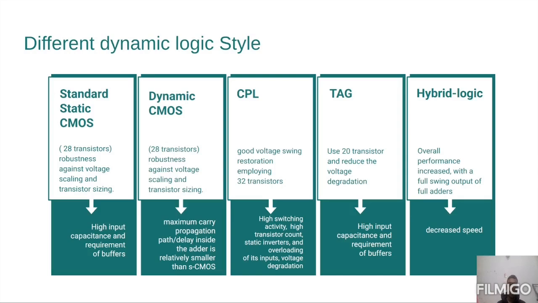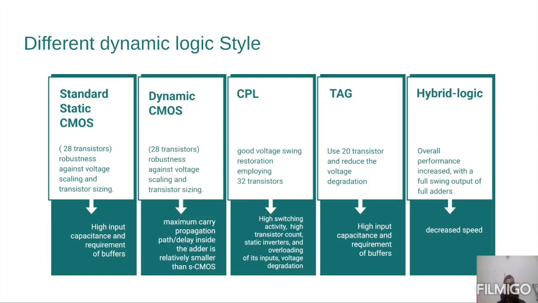Whereas dynamic CMOS also uses 20 transistors, with the same advantages like voltage scaling and transistor sizing, but it has some drawbacks: path delay and propagation delay reduce a little bit, but not too much.